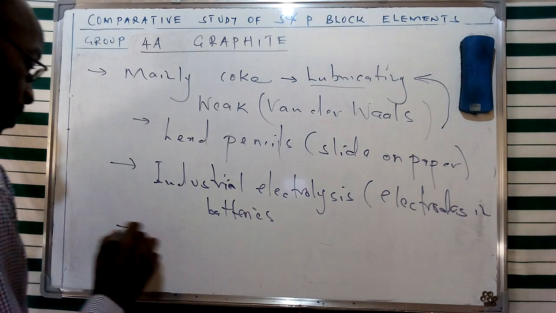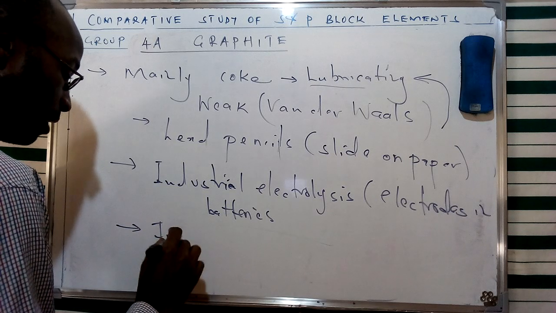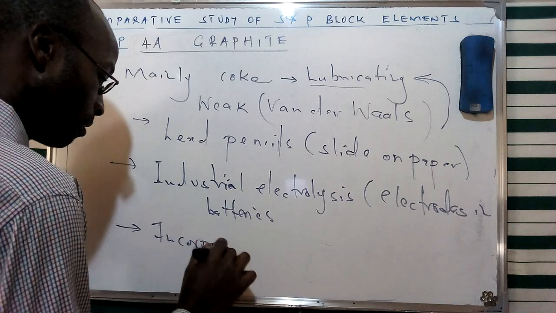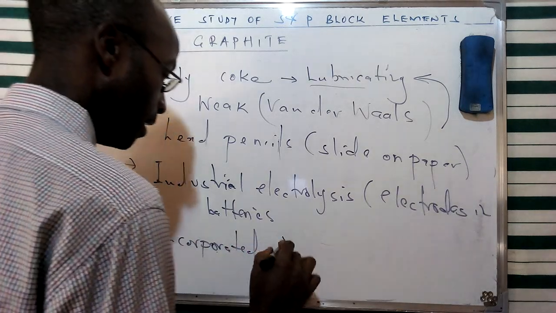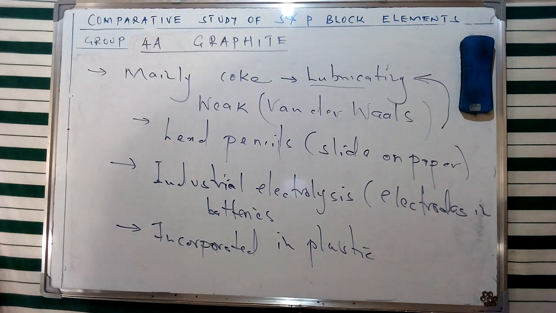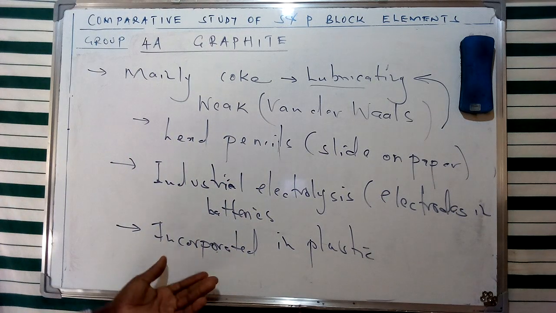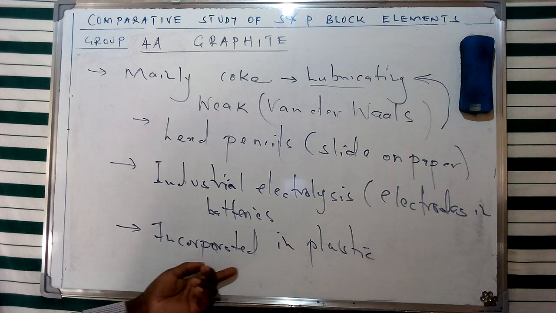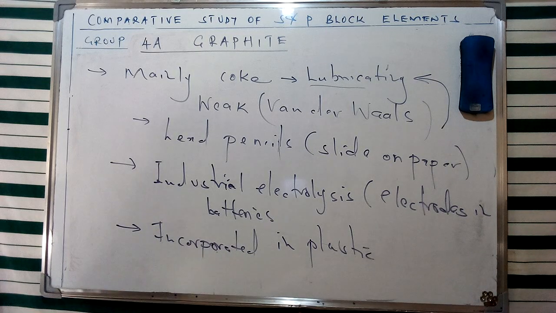Now, it can be incorporated in some of the plastics which are used in making materials for lightweight aircraft. This provides a stable kind of product, incorporated in lighter elements, hence the need for lightweight.